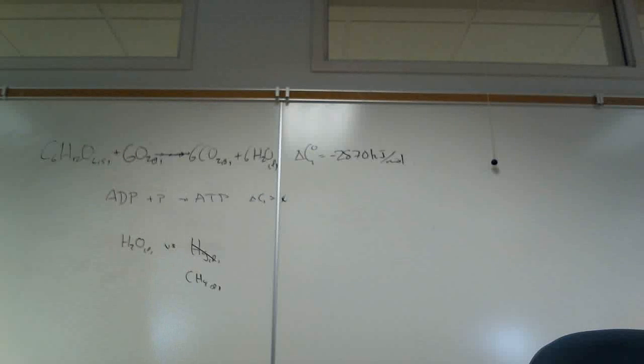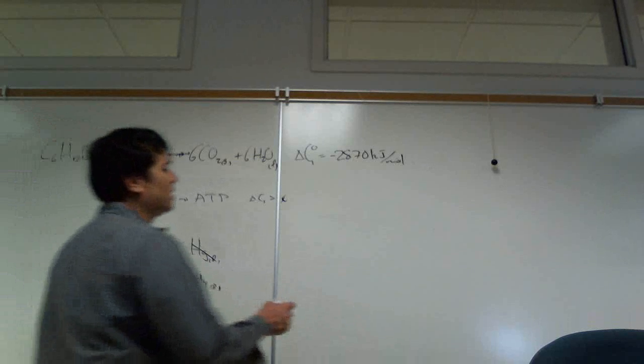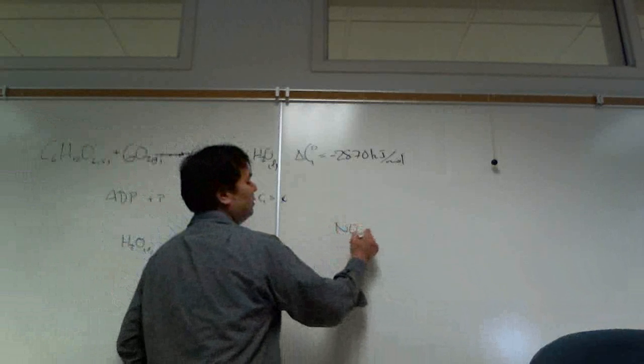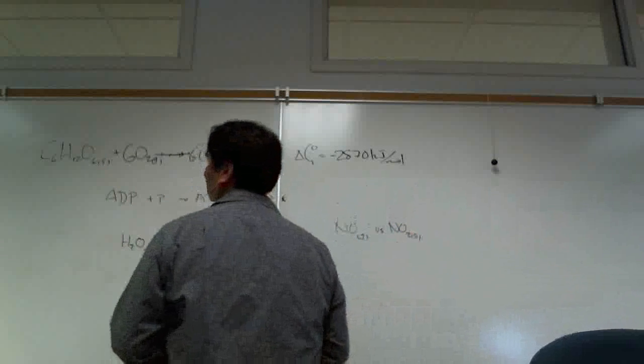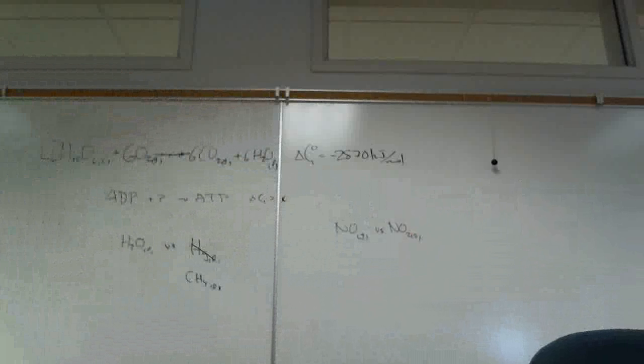Those vibrations will alter the positions of those atoms, which will increase the positional entropy. And so this is why something like NO gas versus NO2 gas, the example they give in the book, which one has a higher entropy? NO2 gas, because there are more atoms, more vibrational modes, they call it.